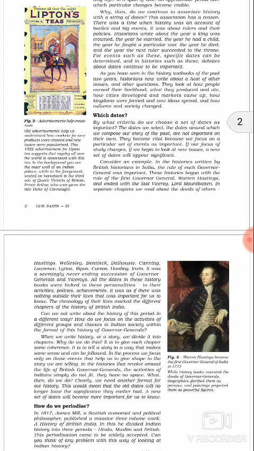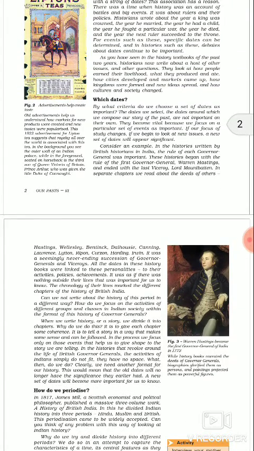Let's take an instance: the British came in the 16th century and left India in the 20th century. We only remember some of the dates when the British came to India and when their rule was there, and how our revolutionaries and freedom fighters led a fight with the British. We are remembering only those important dates.